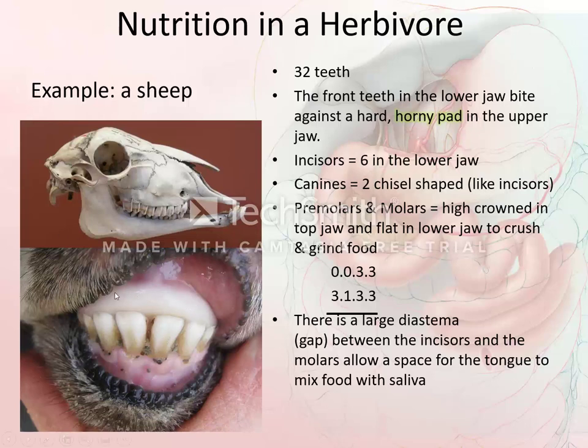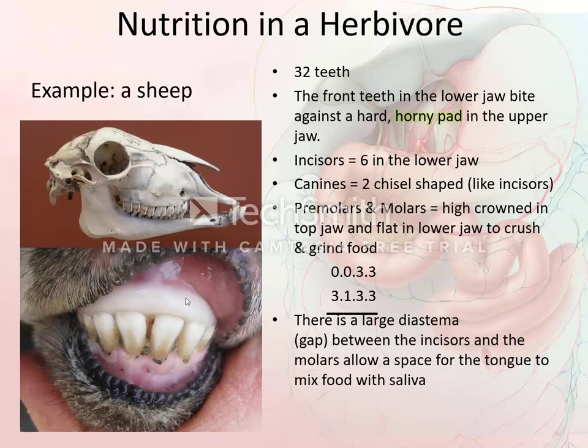But this top jaw is just basically this cutting pad, almost like when you are chopping vegetables and you're using a wooden board underneath the vegetable. That wooden board is the horny pad of a herbivore. So the top jaw is this pad against which it's going to chew and crush food.